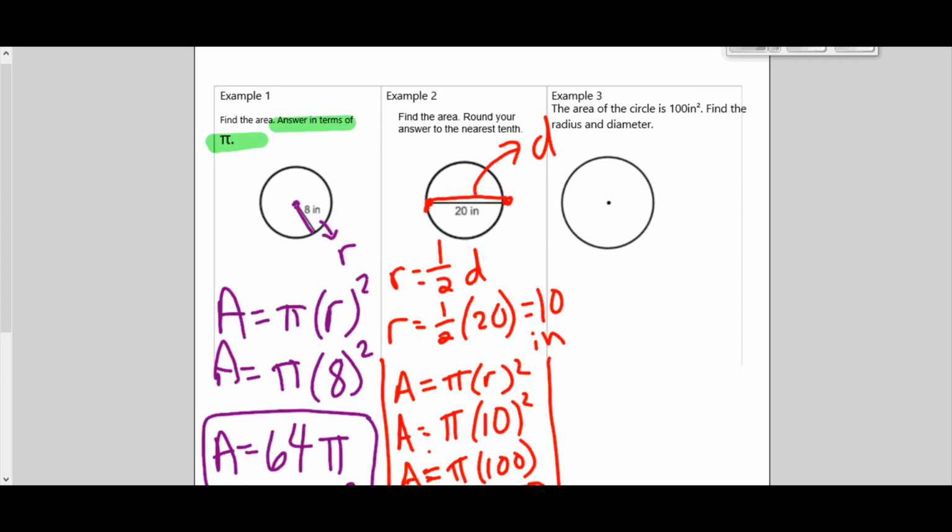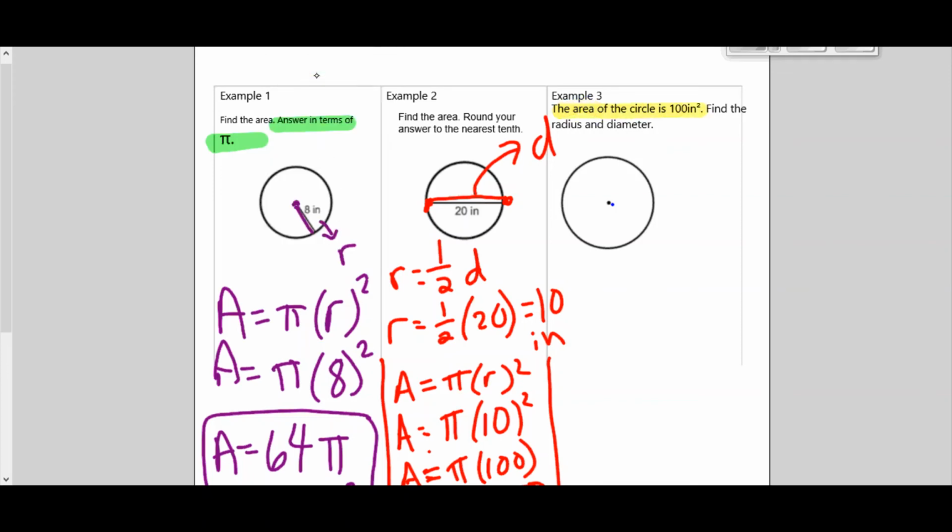So to find the radius of this circle, let's go ahead and put our area formula. So I know it's a circle, so I have a circle there for you already. And I know the area is 100 inches squared.